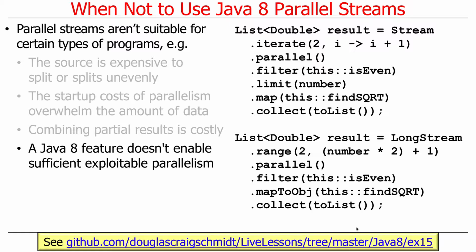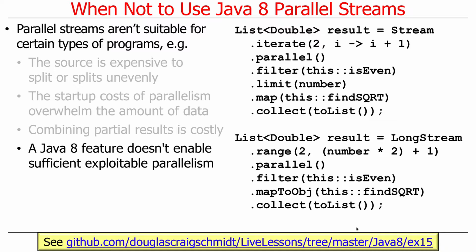They go through some n numbers, and we're going to find the first n even numbers and compute their square root. That's the requirement: compute the square root of the first n even numbers.